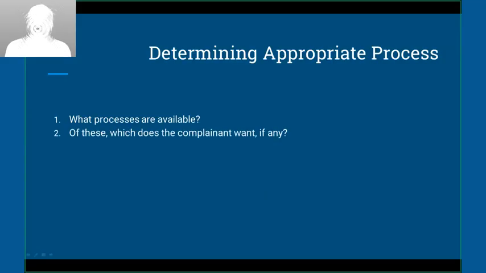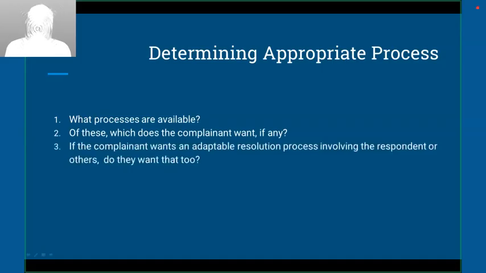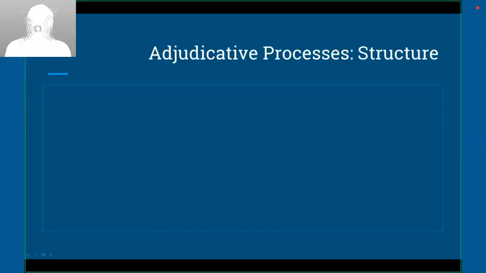Of those options, then, does the complainant want any? If there's a potential policy violation and the complainant is interested in an adjudicative process, then that should occur. If the complainant wants to pursue an adaptable resolution process, then does someone else that they want to, whether it's the respondent or others, participate in that with them? Are they also agreeing to do that?